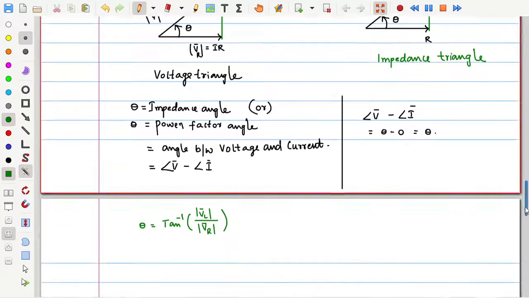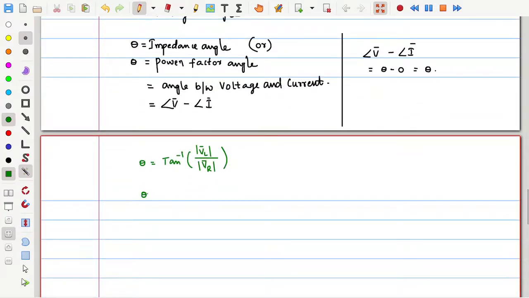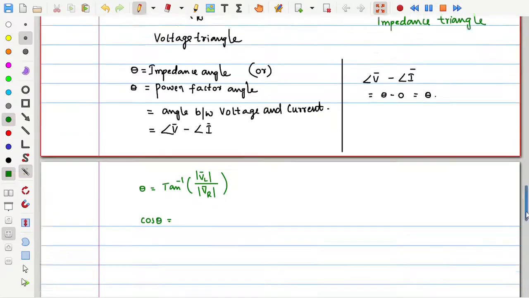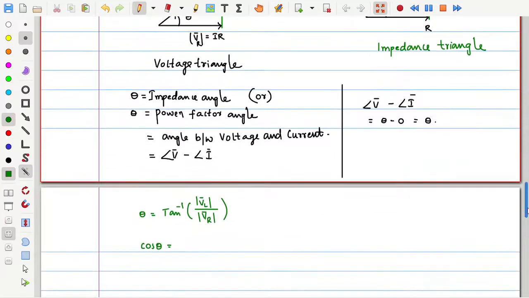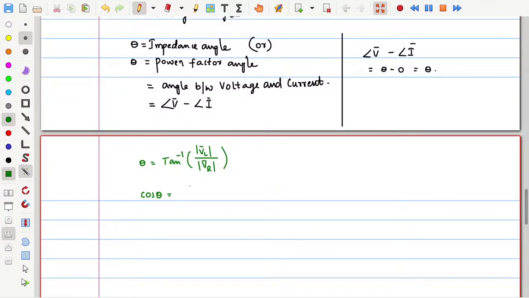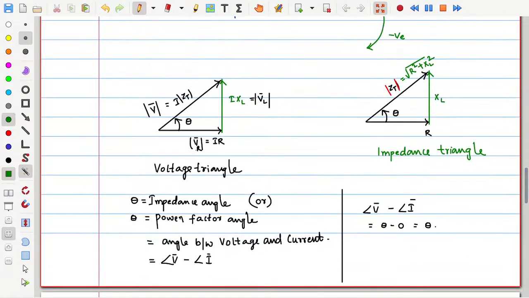Clear? We can also write cos theta directly, from this voltage triangle, as adjacent side by hypotenuse: VR magnitude divided by total voltage magnitude V.